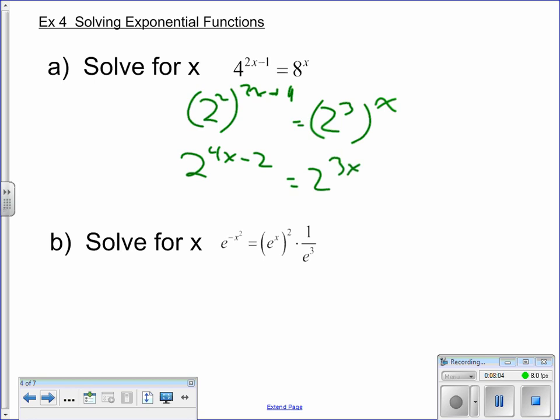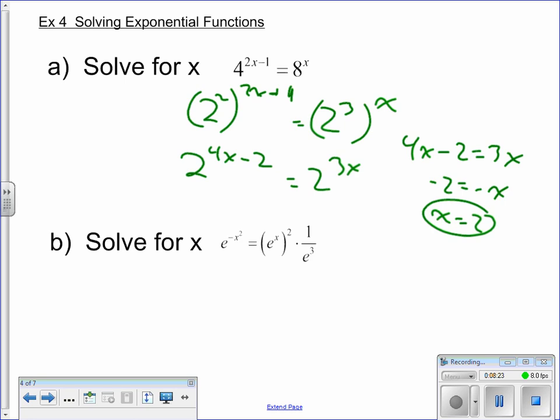Bases are the same, powers are the same. 4x minus 2 equals 3x. Negative 2 equals, subtract 4, equals negative x. x equals 2. I think I did that right. Yeah, I did that right.